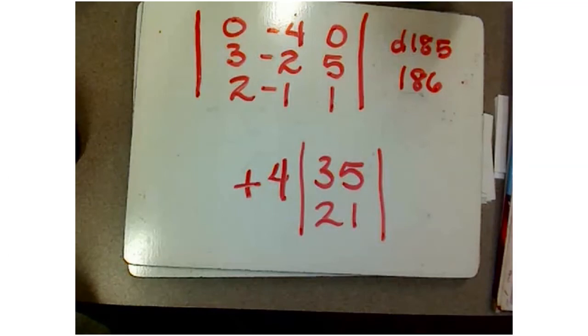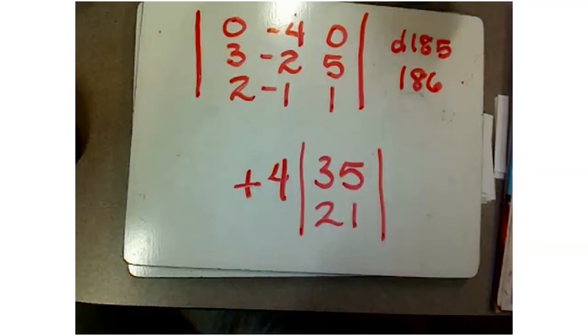It's 3 minus 10, negative 7. What is negative 7 times 4? Negative 28. That's the answer for the entire matrix.